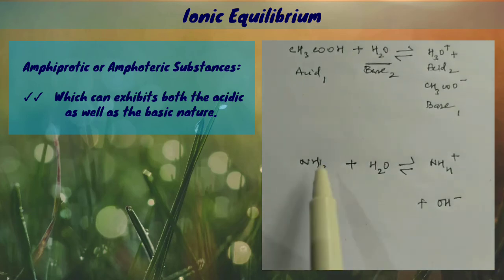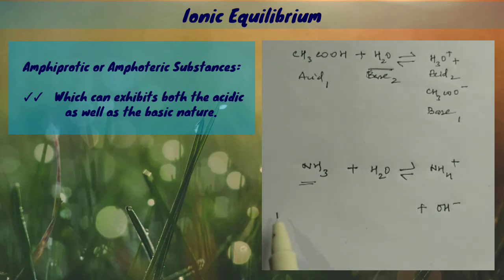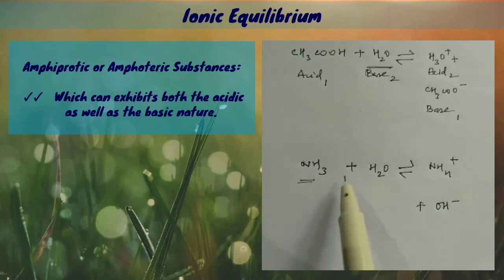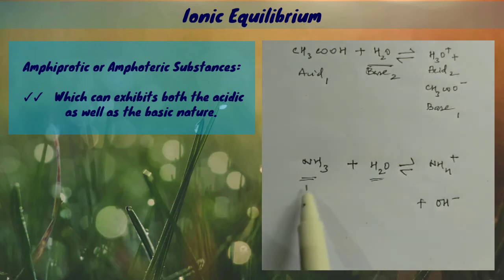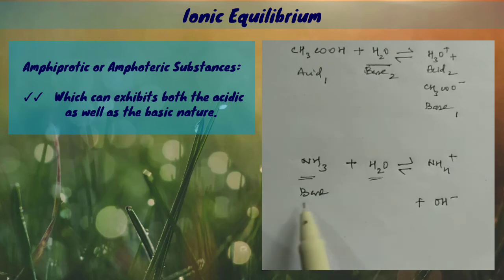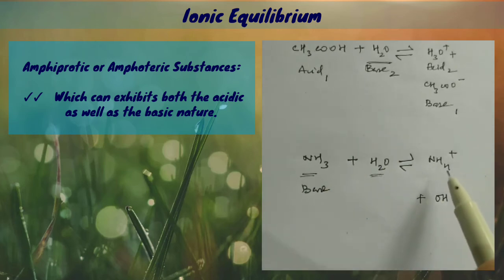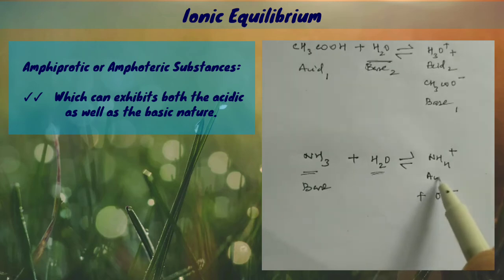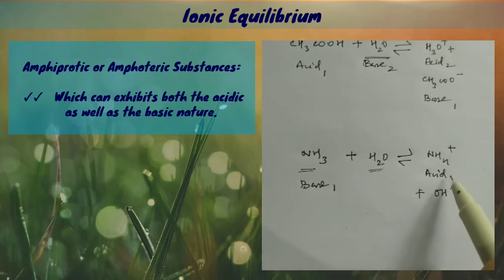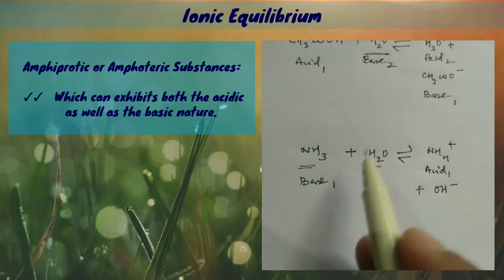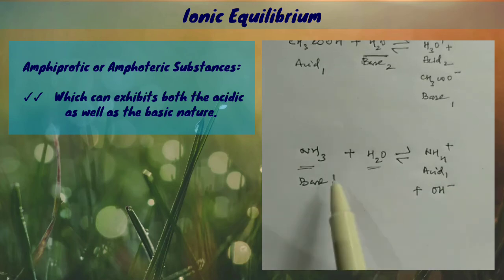That means this substance has the tendency to accept, not electron, H positive from the water. So it will act as a what? Base. And by accepting that proton it becomes NH4 positive. That means this is your what? Acid. So it will be 1 and 1 because they are related by H positive ion, and they are conjugate base and acid.